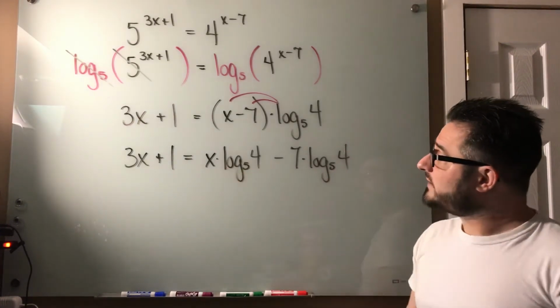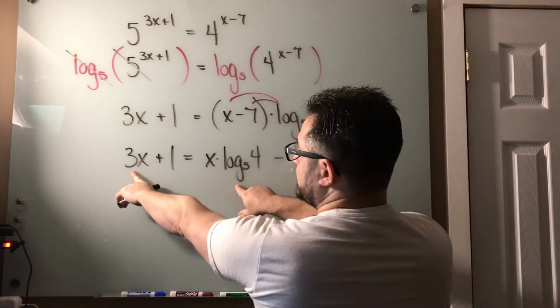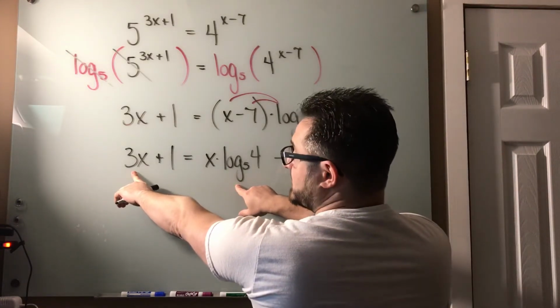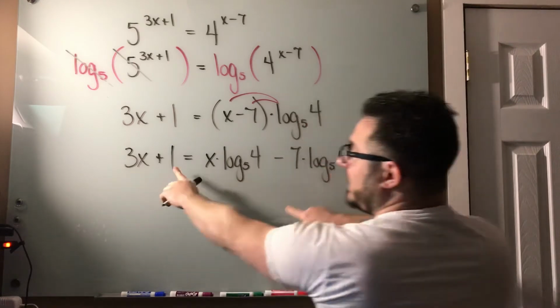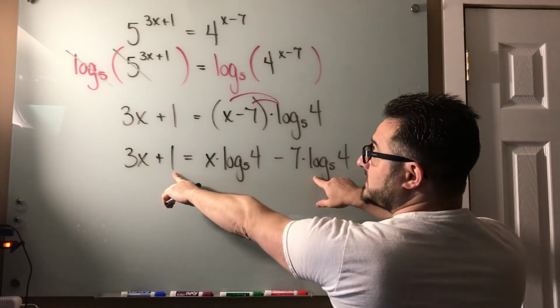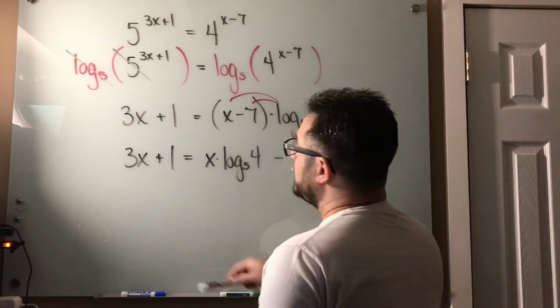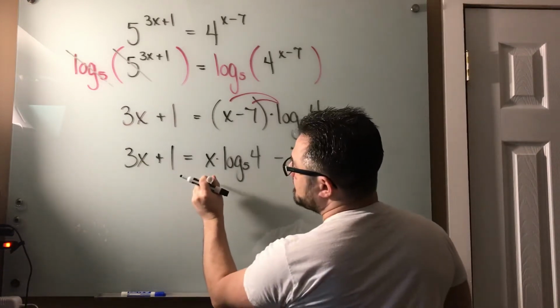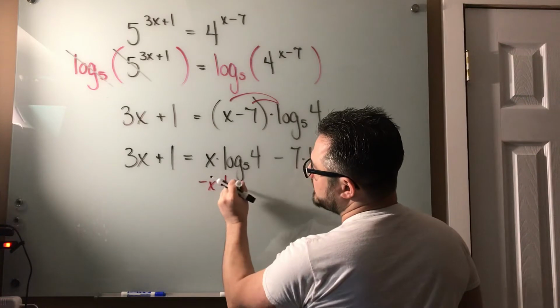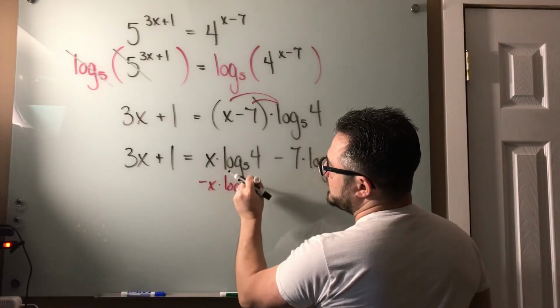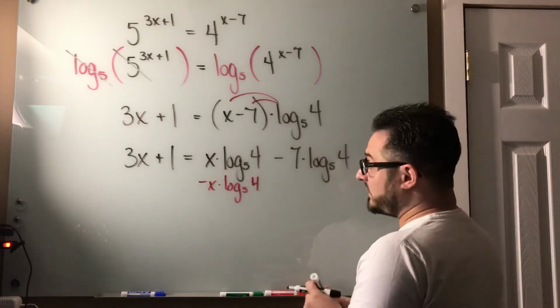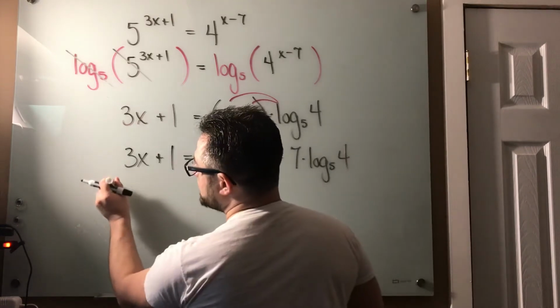So what we have is our x terms on opposite sides, we need to get them together, and our constants on opposite sides, we need to get them together as well. So we can subtract x times log base 5 of 4 from both sides.